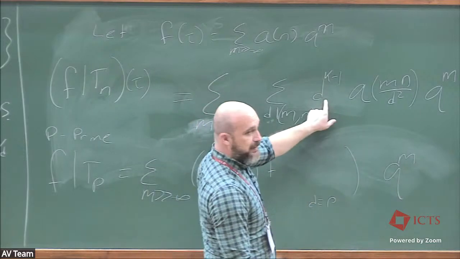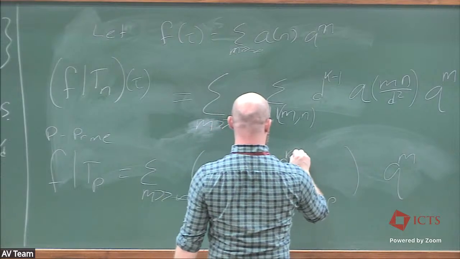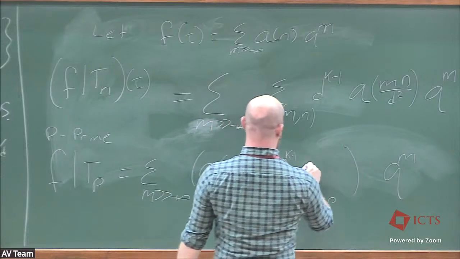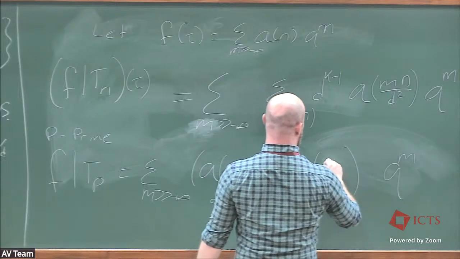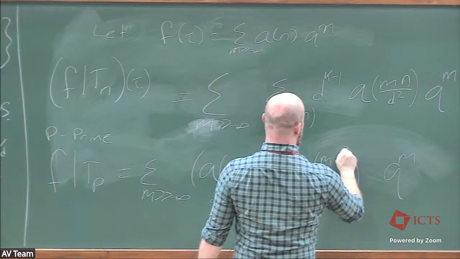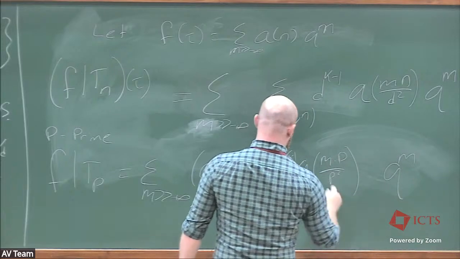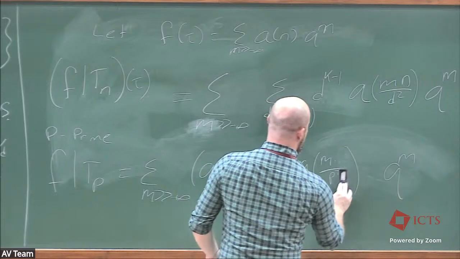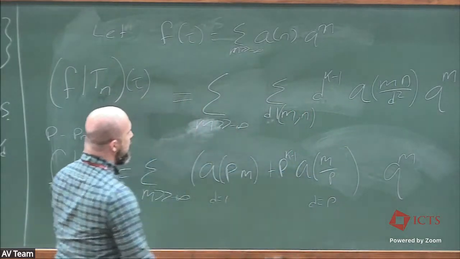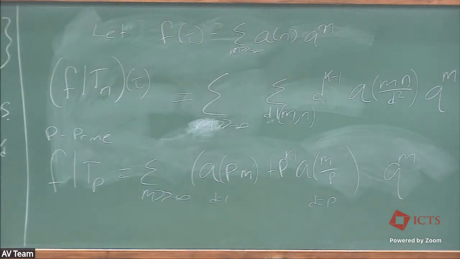And then when d is equal to p, I'm going to have a p to the k minus 1 times a of, so this is going to be an m times p divided by p squared. Let's just go ahead and simplify that. Get an m over p. Let's see, did I do the wrong normalization? This is the UP, yes. So what's going wrong here?